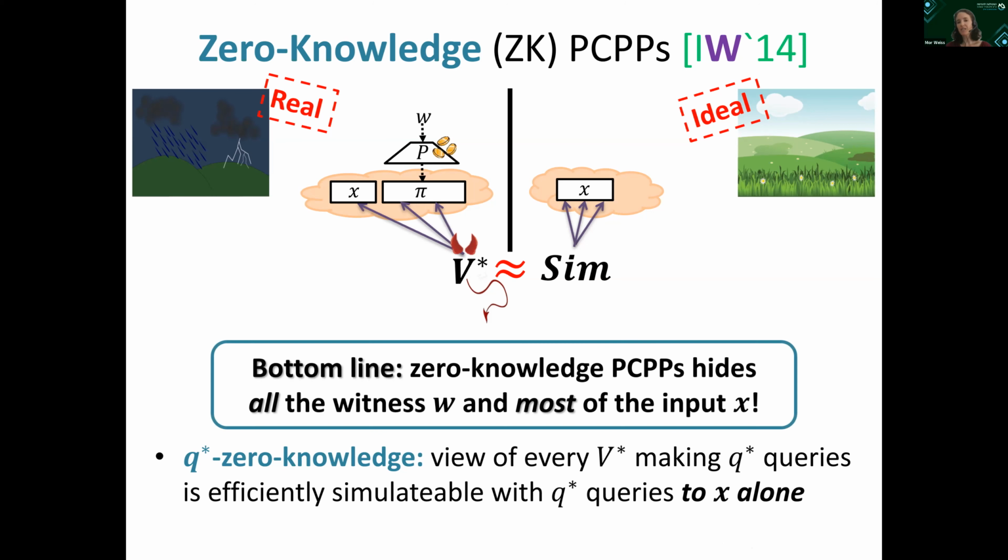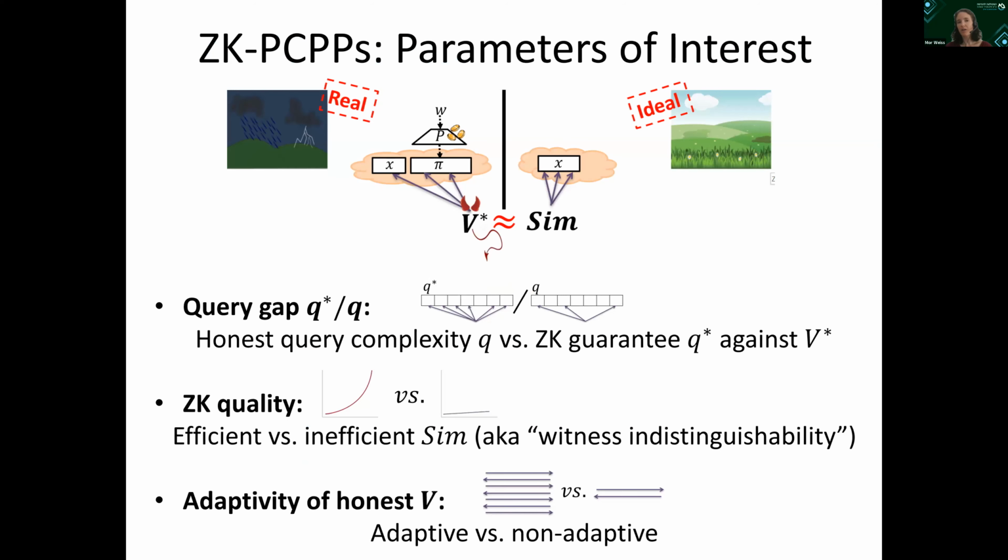So this means that zero-knowledge PCPPs hide the entire witness, the same as zero-knowledge PCPs, but they also hide most of the input X. And this is the main advantage over zero-knowledge PCPs. And the parameters that we care about are the same as for zero-knowledge PCPs. We want a large query gap with efficient zero-knowledge simulation and a non-adaptive honest verifier.